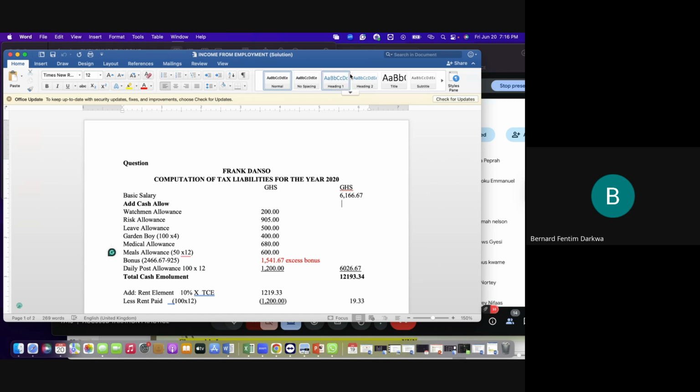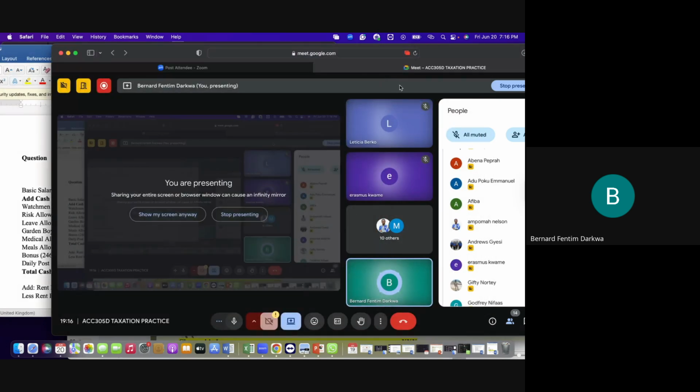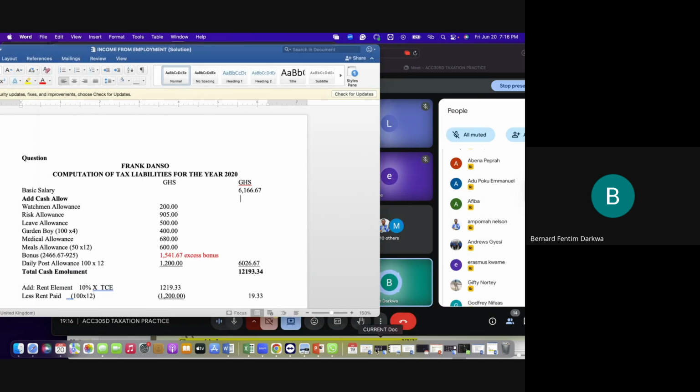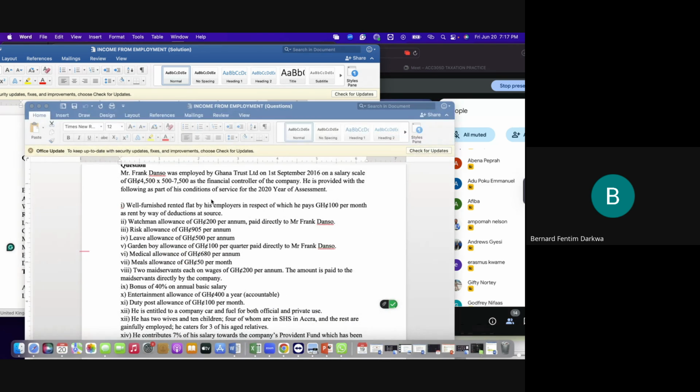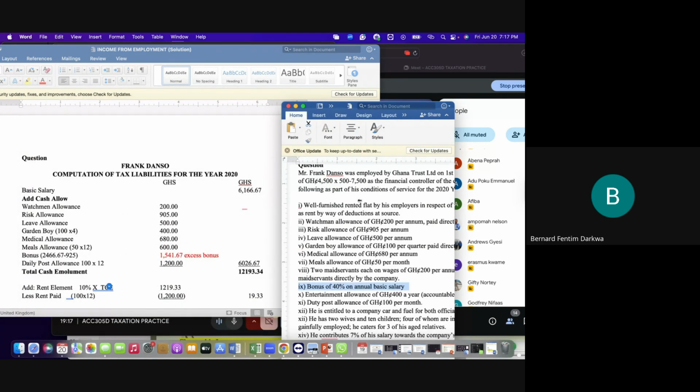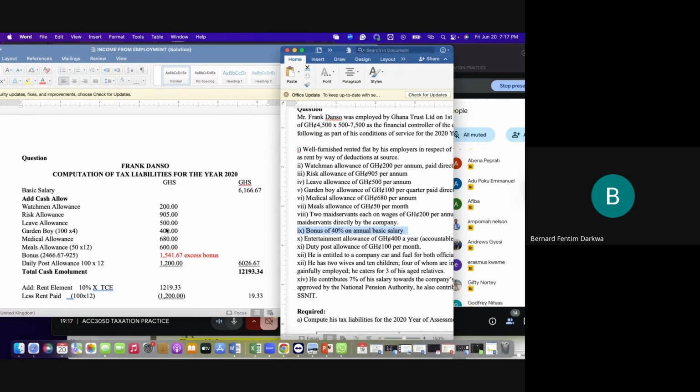So let's look at the cash allowances. The question, we can put it side by side. Okay, so this is the question. Now let's look at the cash allowances, as part of a condition of service. So cash allowances, we start with the watchman allowance.